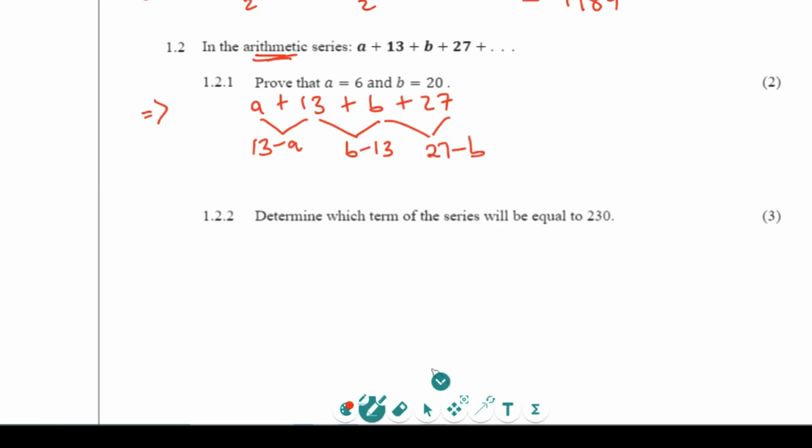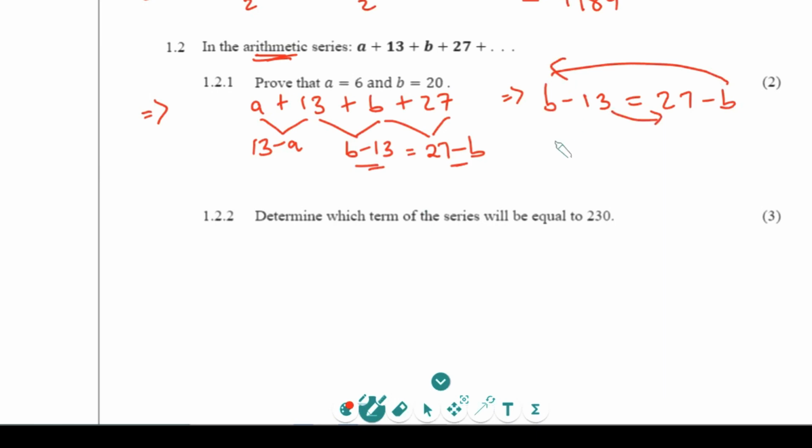But one thing I know about the first differences is that they must always be constant or uniform. So I'll first start with the elements that have b's and equate them together. So b minus 13 is equal to 27 minus b. Then I'll move this negative b to this side, and the 13 to that side.